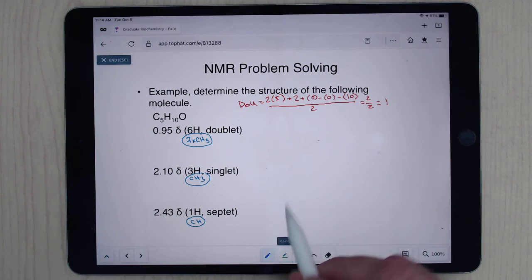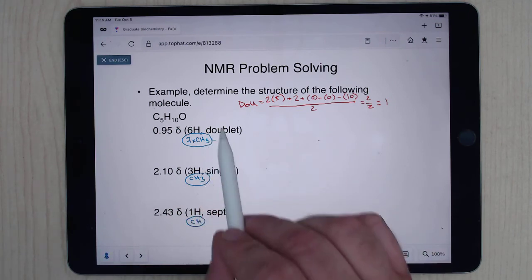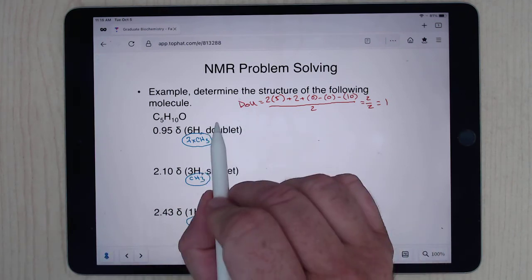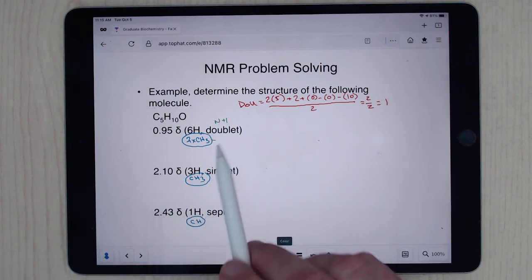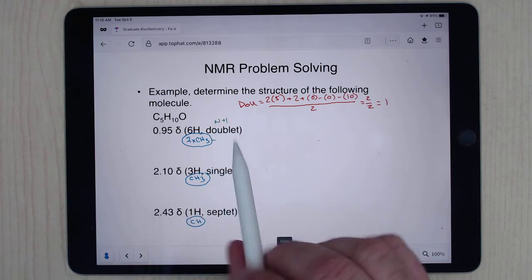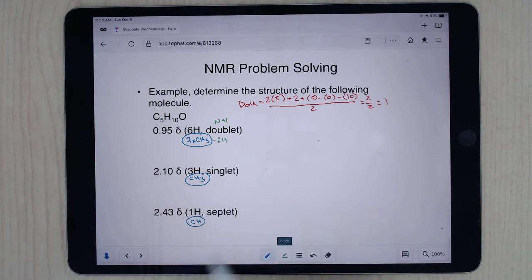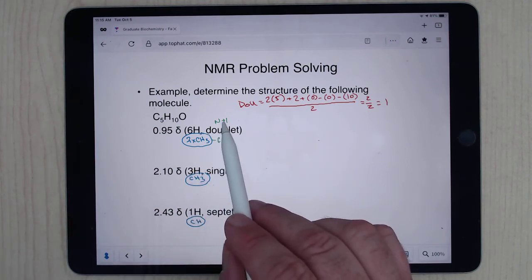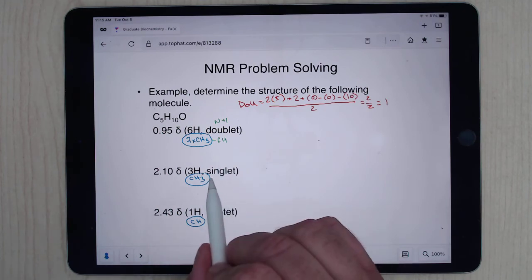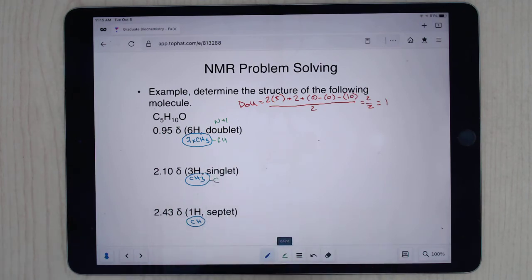And if we look over here, the doublet: remember, this is n plus 1, so what plus 1 is equal to 2? Well, that must be a CH. The singlet: what plus 1 equals 1? Well, 0. So that must be a carbon that doesn't have any hydrogens on it.